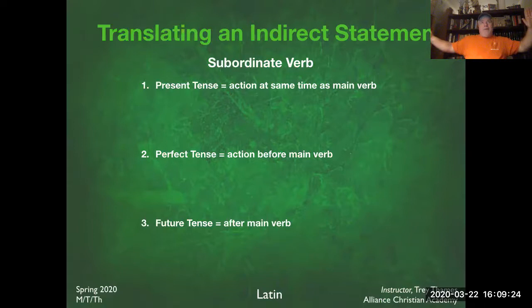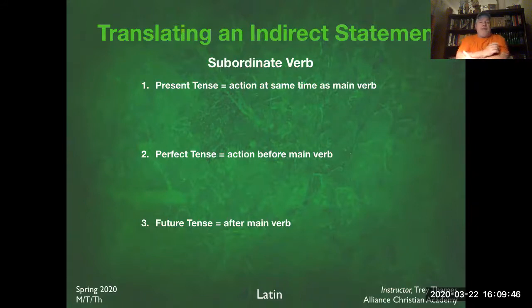So if the main verb is perfect tense, then even if your infinitive is in the present tense, you translate it at the same time, so it's also in the past tense. If your main verb is in the future, then your secondary verb, even though it's in the present tense, you translate as if it's in the future tense.